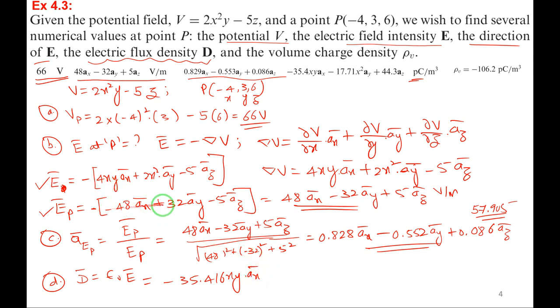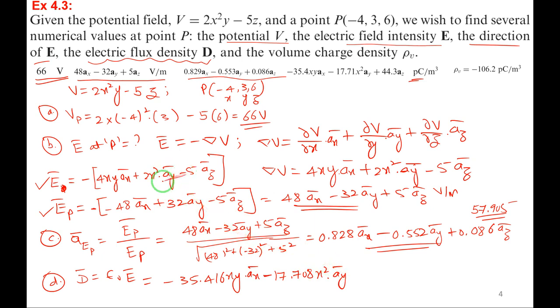The next, minus into plus, once again minus. So multiply 8.854 into 2, so I am getting 17.708 x square ay.